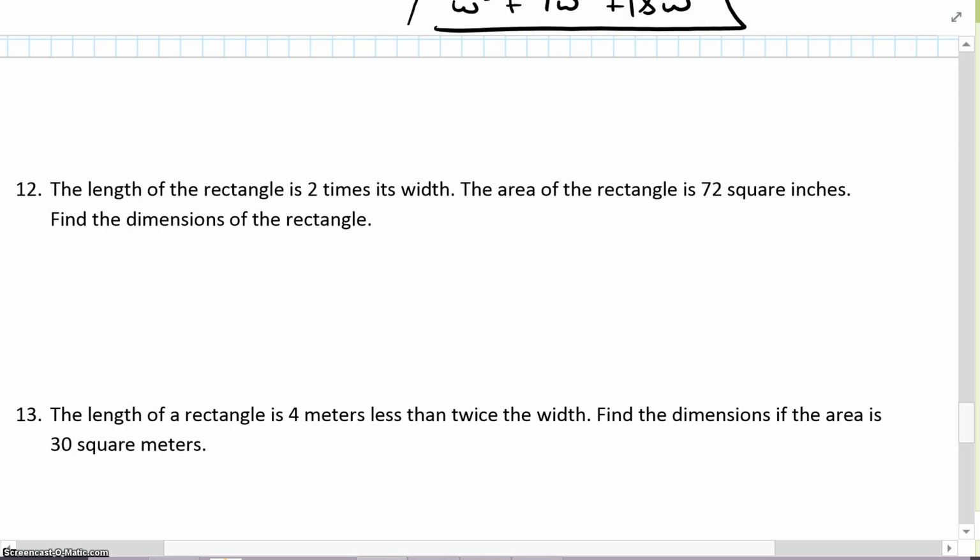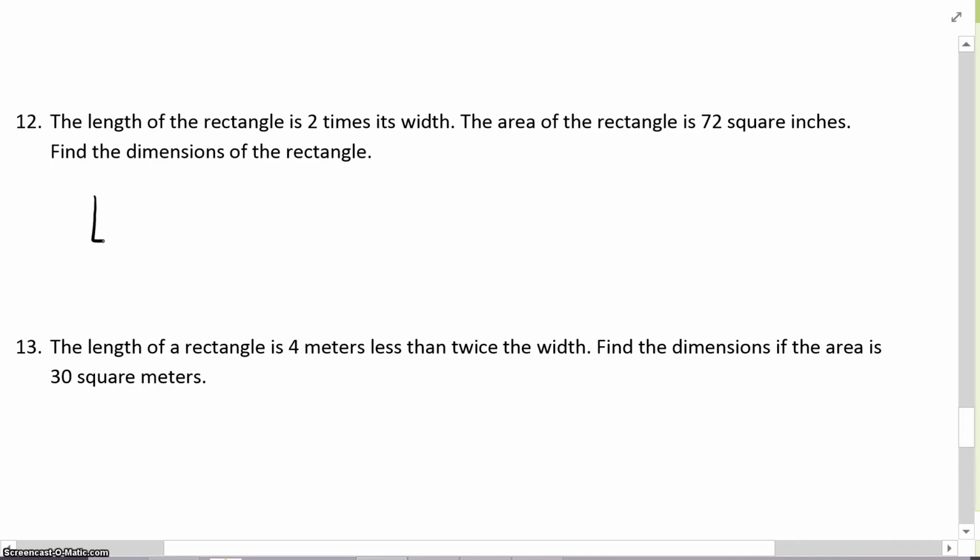Okay. Number 12, the length of a rectangle is 2 times its width. The area is 72. Find the dimensions of the rectangle. So the length is 2 times the width. Alright, the area of the rectangle is 72 inches squared. So 2W squared equals 72.